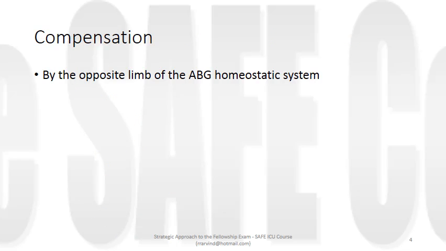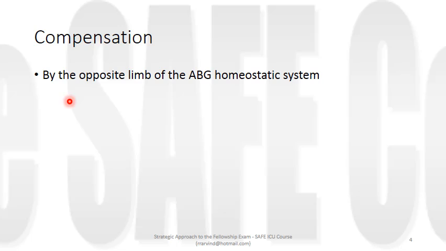Now, compensation is the body's inherent defense against metabolic derangements, as the body tries to restore homeostasis, which means that compensation always occurs by the opposite limb of the homeostatic system.